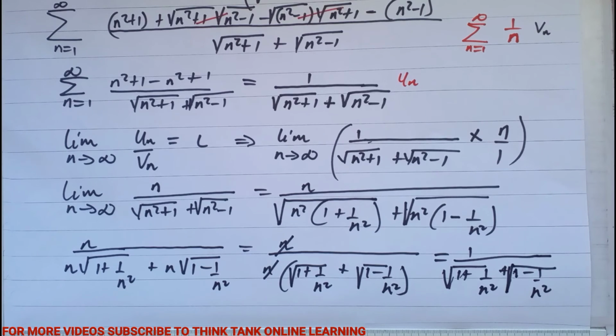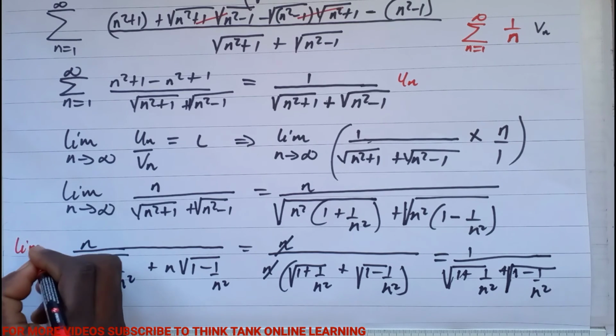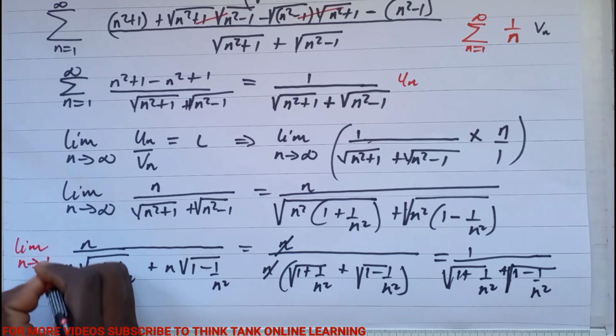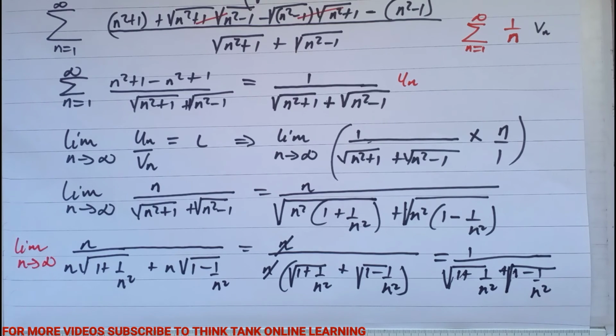Okay, and if we plug in infinity, then just write the limit as n approaches infinity. We said a number divided by infinity is equal to 0.